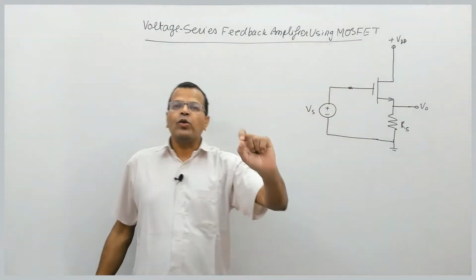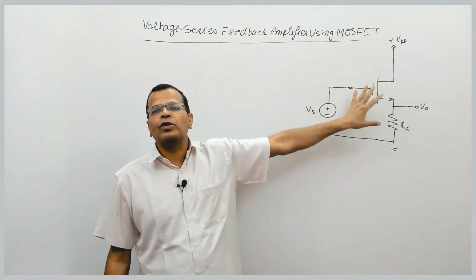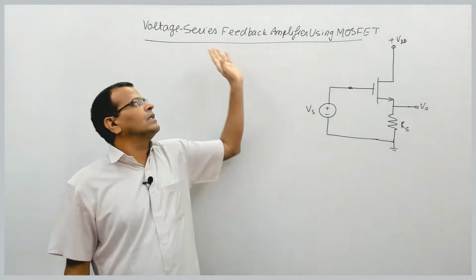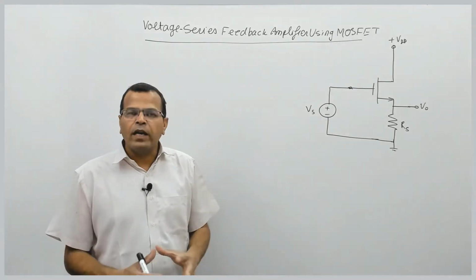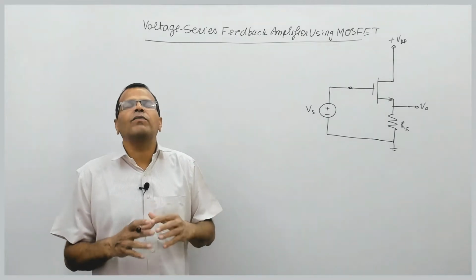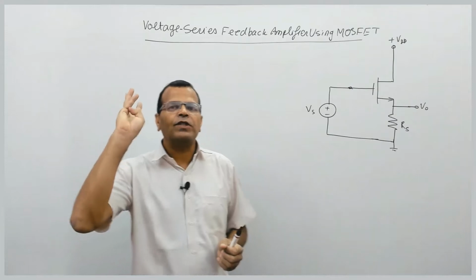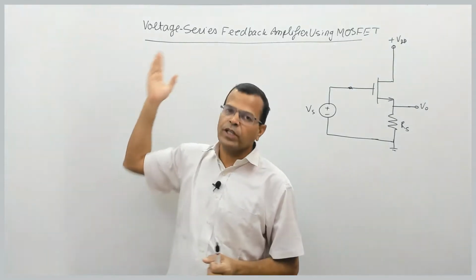The normal source follower, this is the source follower circuit using MOSFET. The normal source follower circuit is an example of this voltage series feedback amplifier. For analysis of voltage series or for analysis of any feedback amplifier, what are the steps? First, we need to identify the type of topology that is already mentioned to you, voltage series feedback.